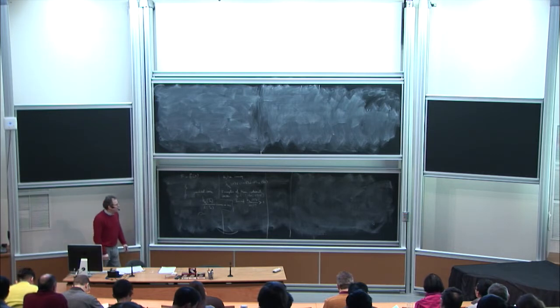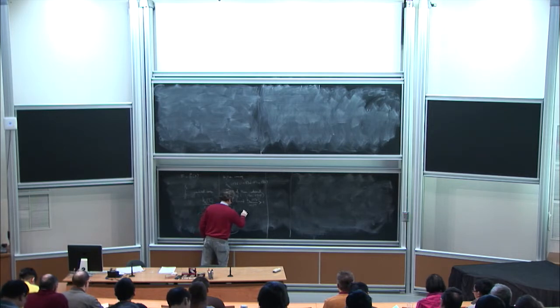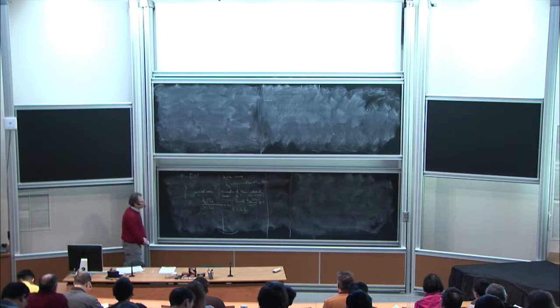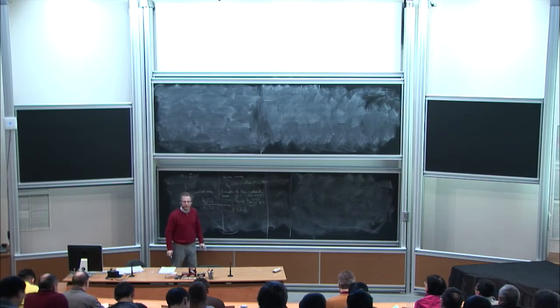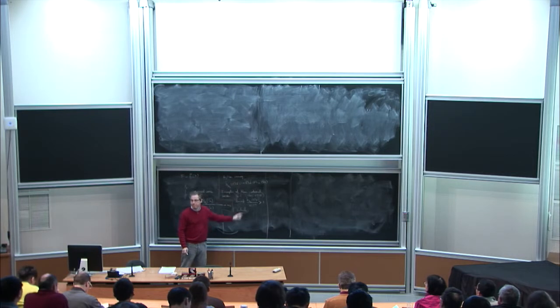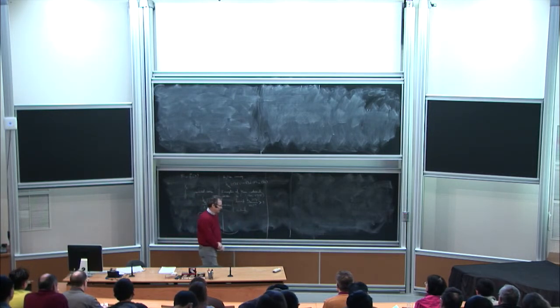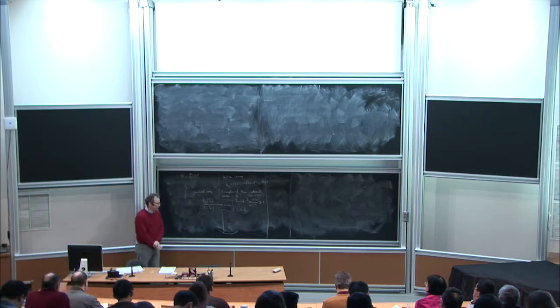This example is due to Voloch. And I think that these examples are very important because, first of all, it says that you have to be careful with the constant you put here. And second, you remember that the Vojta conjecture is related to the ABC conjecture.